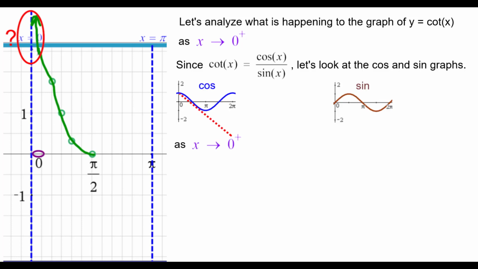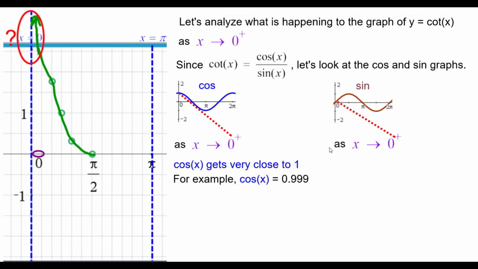Now the cosine's in the numerator, and as x gets close to 0 but larger than 0, the cosine is getting very, very close to 1. For example, it could be like 0.999. That's pretty close to 1. And as x approaches 0 here from the positive side, the sine is getting very, very close to 0, but positive.